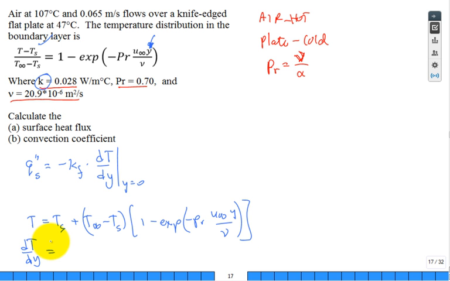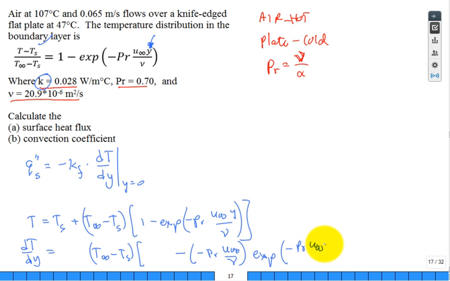And then we're going to evaluate at y equal to 0. Wouldn't that be equal to T infinity minus Ts times? Now we're going to put the minus, then we're going to have minus Prandtl U infinity divided by nu times exp of minus Prandtl U infinity y divided by nu. Did I do that okay?